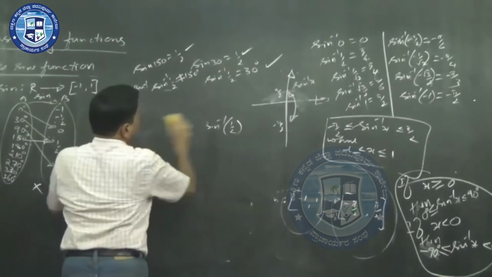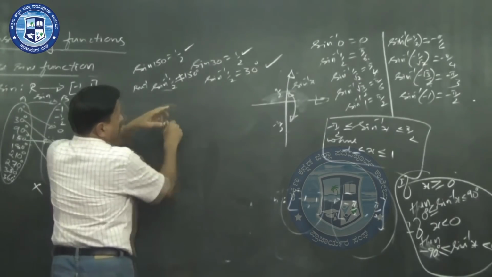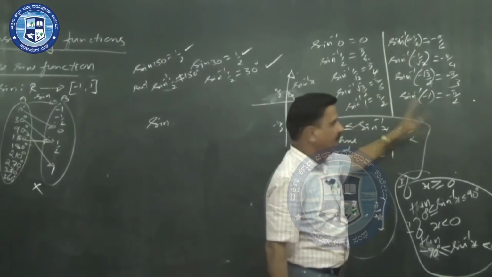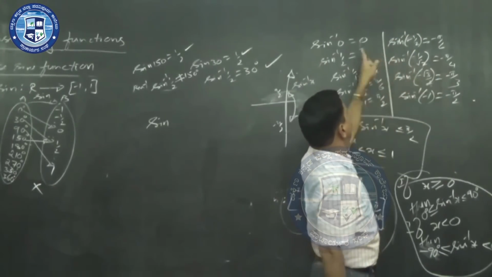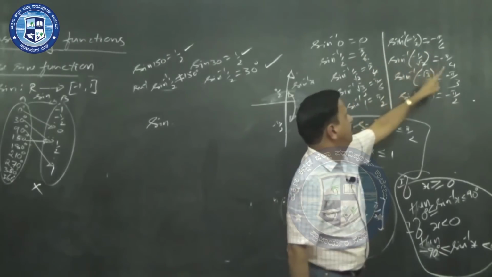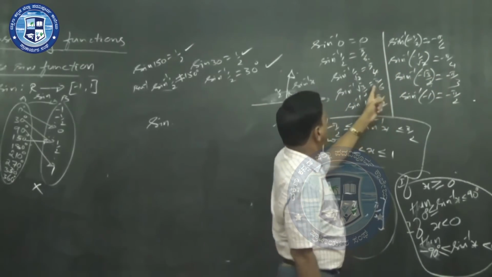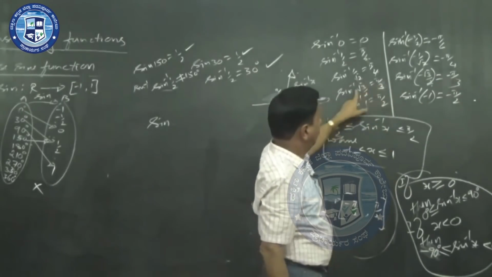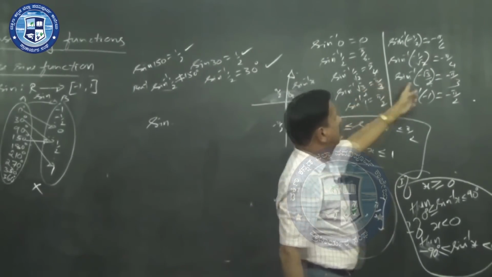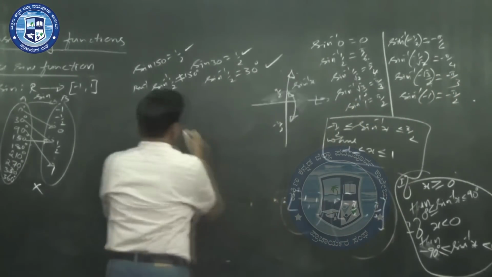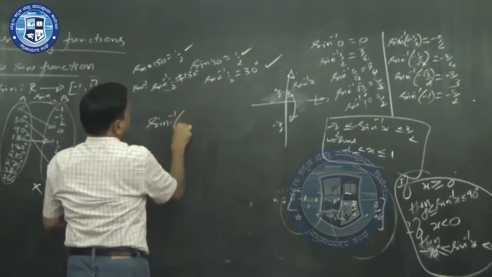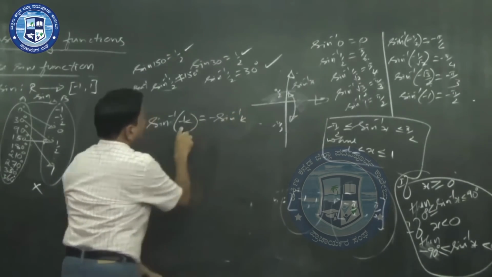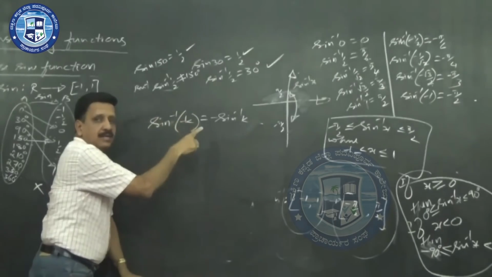In general, this is sine inverse k, this is sine inverse minus k. If you compare the answers, you find pi by 6, minus pi by 6, pi by 4, minus pi by 4, and pi by 3, minus pi by 3. Sine inverse of root 3 by 2 is pi by 3 and minus root 3 by 2 is minus pi by 3. Based on that comparison, you find that sine inverse of minus k is equal to minus sine inverse of k. Whatever minus sign you have, you can take it outside.